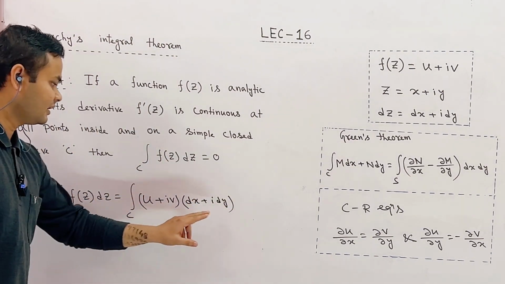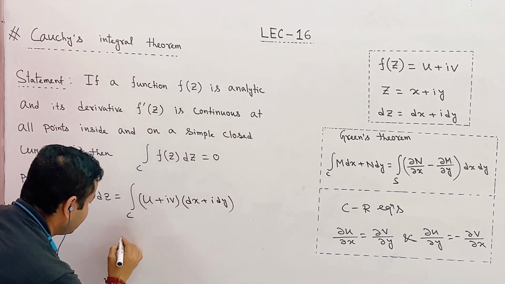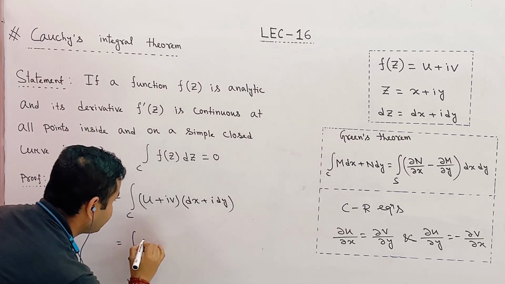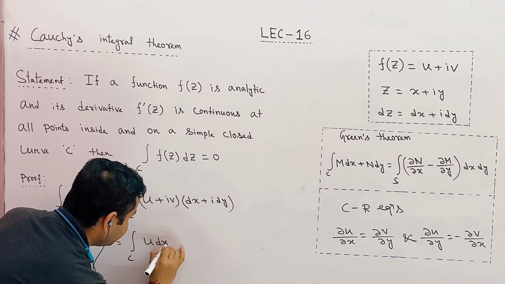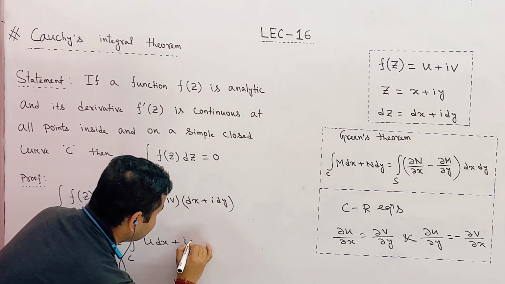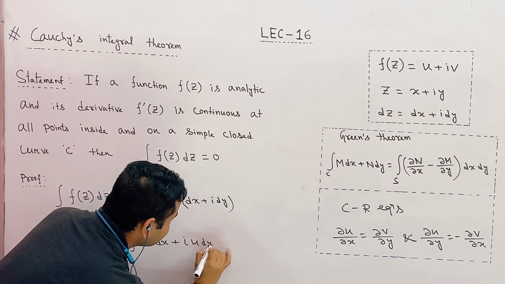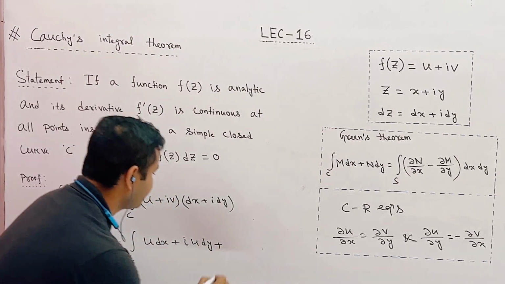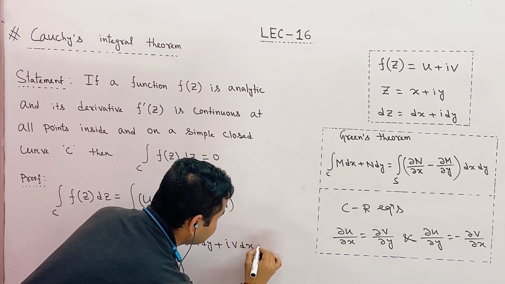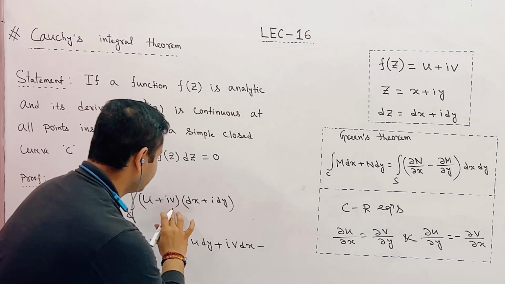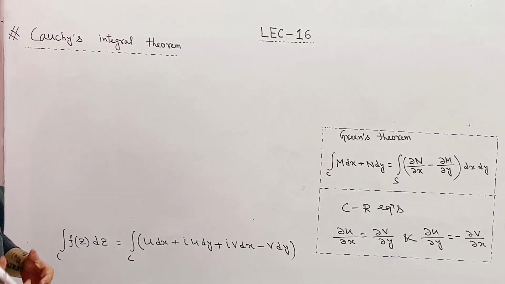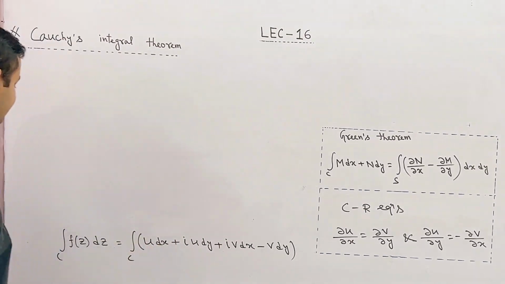Now let us simplify this part. Integration along closed curve C u dx plus iota into u dy plus iota v dx minus v dy. Now let us separate the real and imaginary parts.